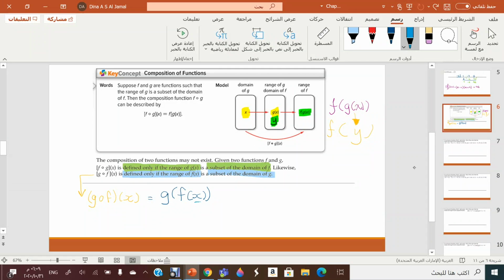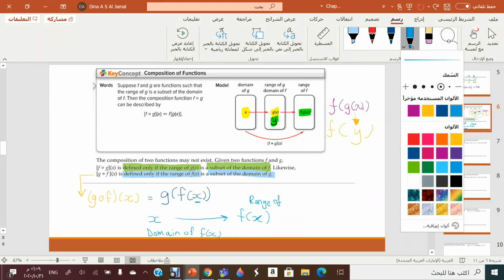You will have x values as the domain of f of x. Then you substitute, then you will find the range of f of x. So this will be the range of f of x.